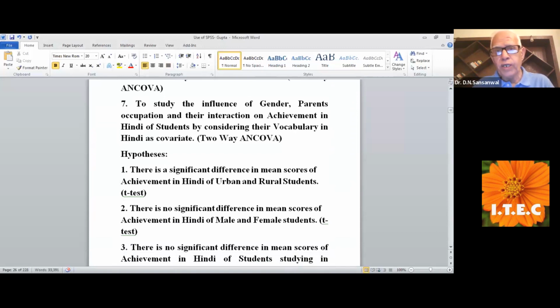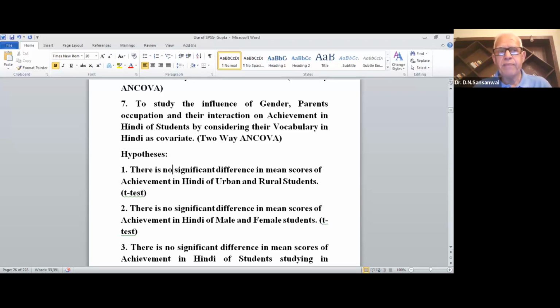But in order to formulate hypothesis in the directional form, you must have a very, very strong base. And if you do not have a strong base, then you should not formulate hypothesis in the directional form. So I have told you how to write title, objective, and hypothesis for the paper. Title, objective, and hypothesis for the thesis.